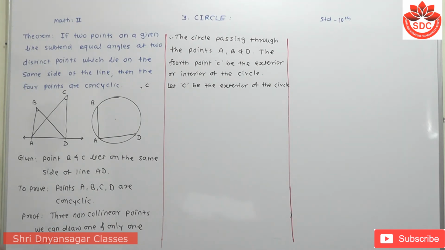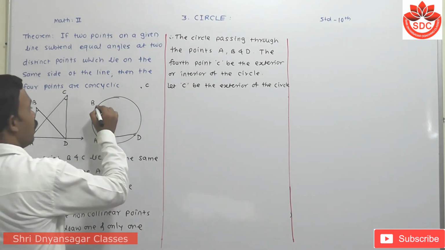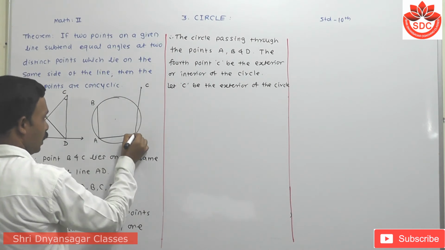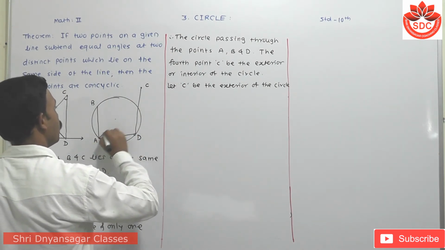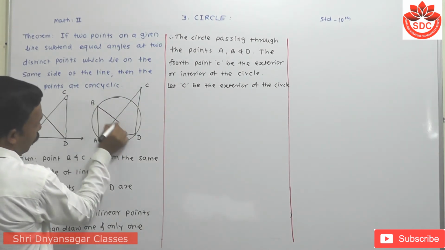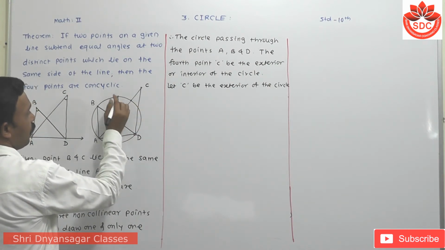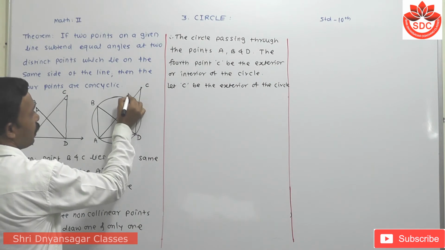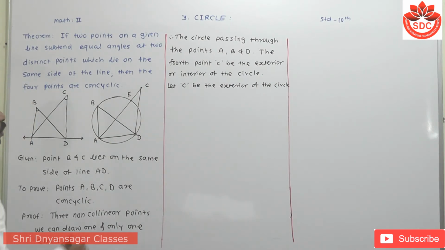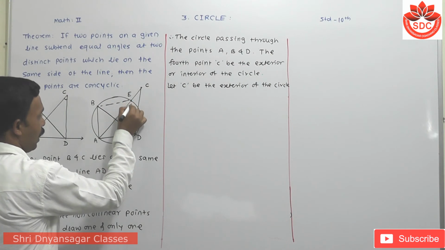Now then we draw the segment CD, also join AC, BD. Now these intersect the circle in one point. Suppose that this point is E. Then we join BE and ED.